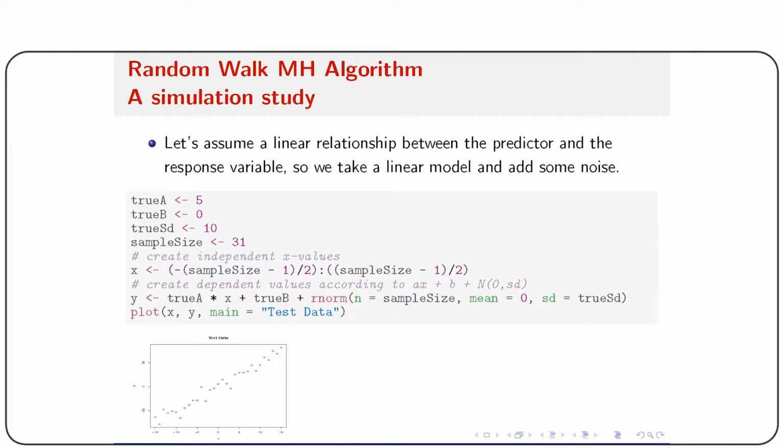X, the independent variable, is a sequence from minus (sample size minus 1) by 2 to (sample size minus 1) by 2, and Y equals A times X plus B plus normal noise with n equal to the sample size, mean 0 and standard deviation true SD. This way you can generate the Y, and this plot looks straightforward, I mean it looks like a linear association, the way I assumed.